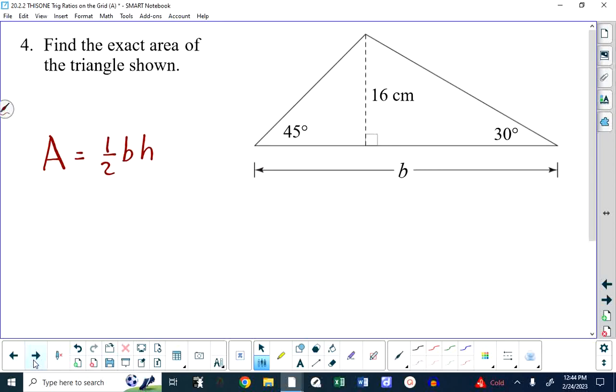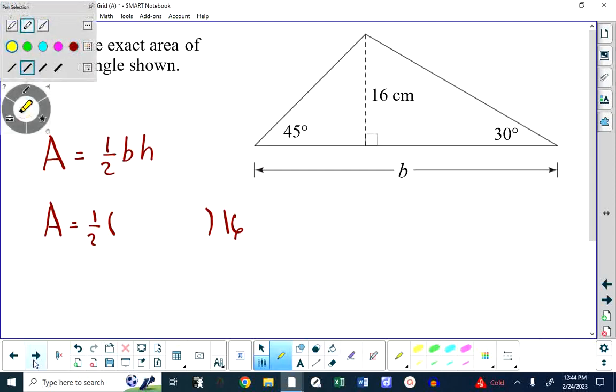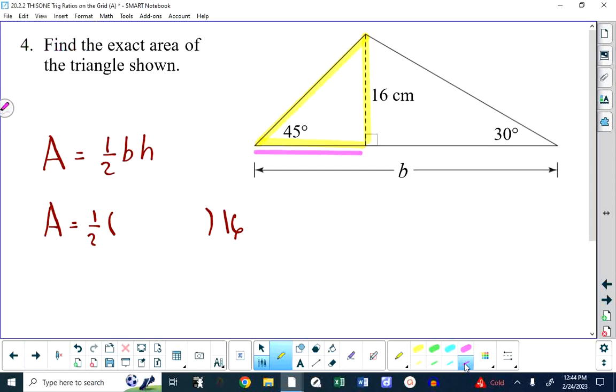So you're given the height here. The height is 16. We just don't know the base. But you're given a bit of a hint here. Well, not really a big hint, but the base is the bottom of that triangle. What we can do is focus our attention here, Ashira, on the triangle on the left, and use that triangle to find the length of this side.